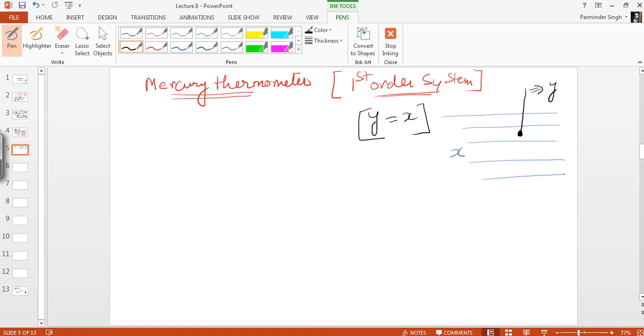That means we can say that the steady state has been achieved. The thermometer is showing the same reading as that of the surrounding.